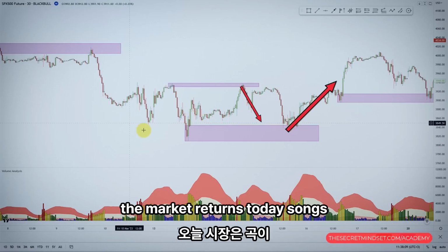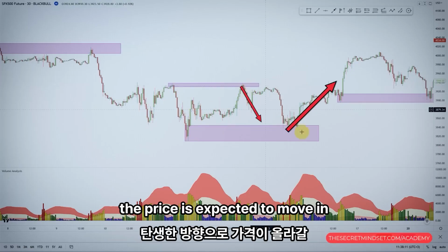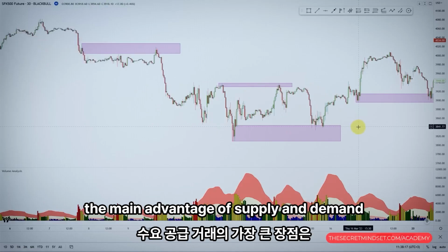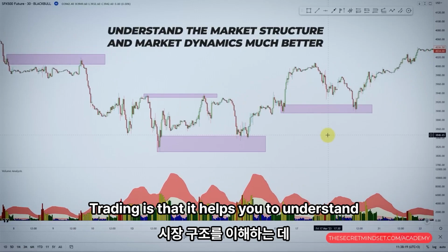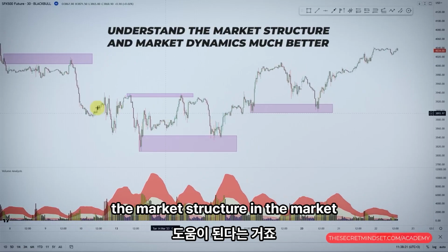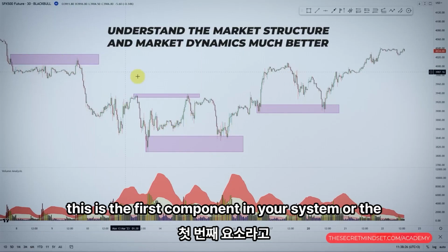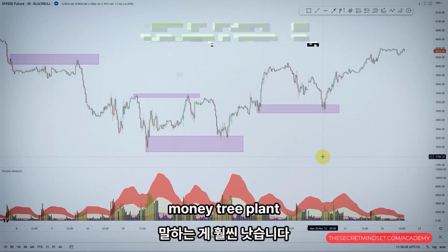Again, if the market returns to these zones, the price is expected to move in the direction that created the zone. The main advantage of supply and demand trading is that it helps you to understand the market structure and market dynamics much better. This is the first component in your smart money trading plan.